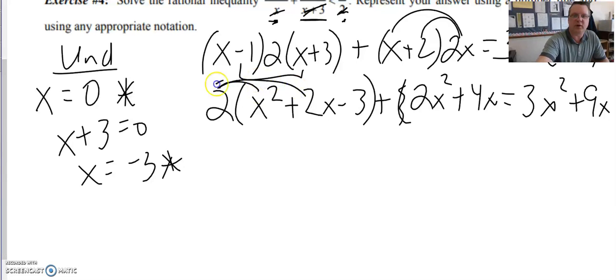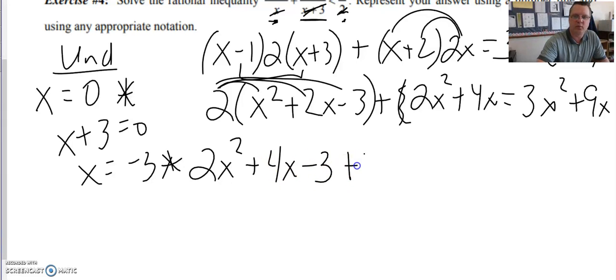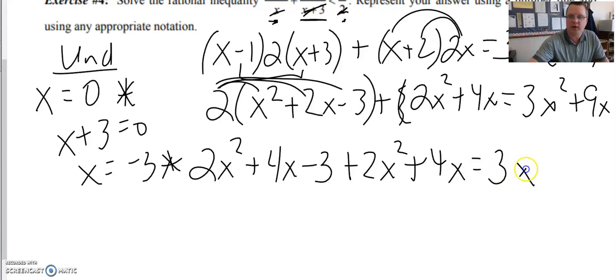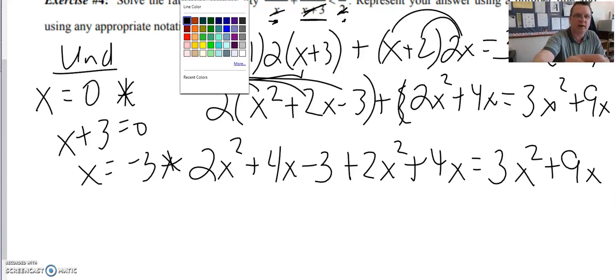Then this 2 has to go to every single term. So we have a 2x squared plus 4x minus 3 plus 2x squared plus 4x equals 3x squared plus 9x. Pause it wherever you need to, because I know I have a lot going on. Now I'm going to put a different color on here for you.